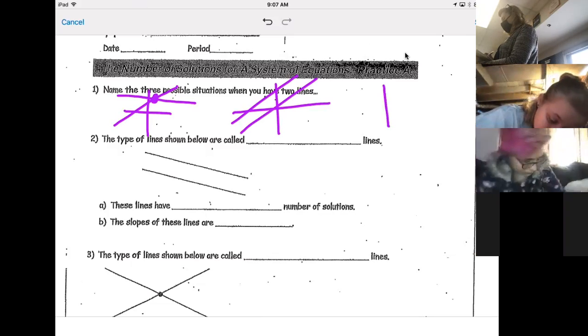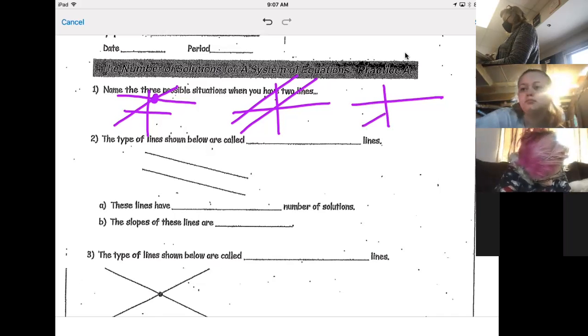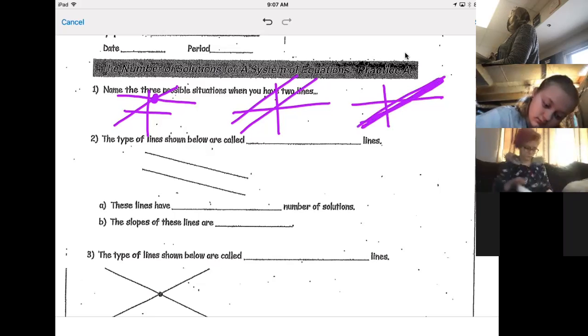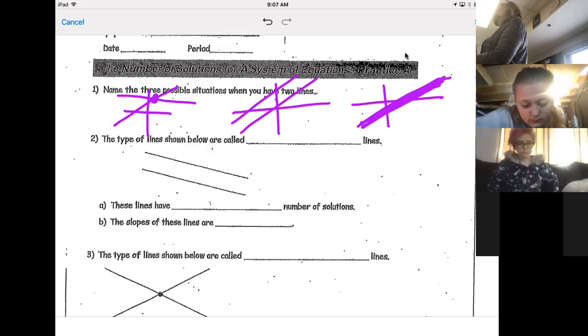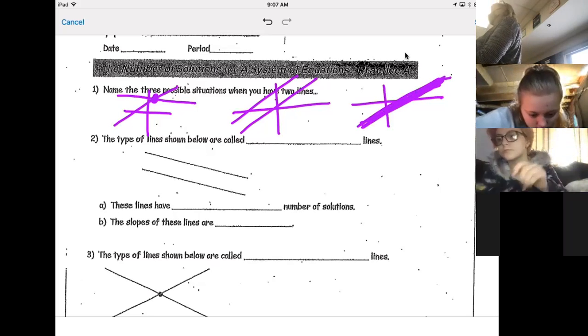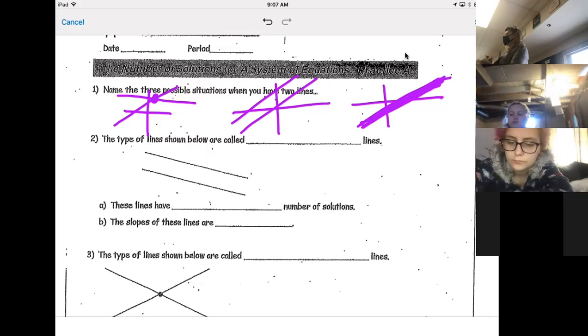And the last one is probably something you don't even think about, but it could be two lines that are the exact same line. So you don't even think of them as being two lines, but there's two lines there. Like if you had a graph two, it looked like they were in two different formats. One was in standard form, the other one was in slope-intercept form, and you graphed them on the same graph. It ended up being the same line.